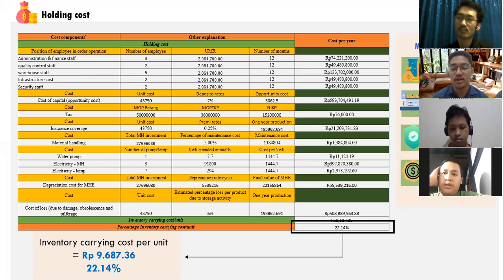The fourth and last is the shrinkage or depreciation of our material handling equipment. For all of those costs, we sum them and divide by the total units, and we got 22.14% for the inventory carrying cost per unit.